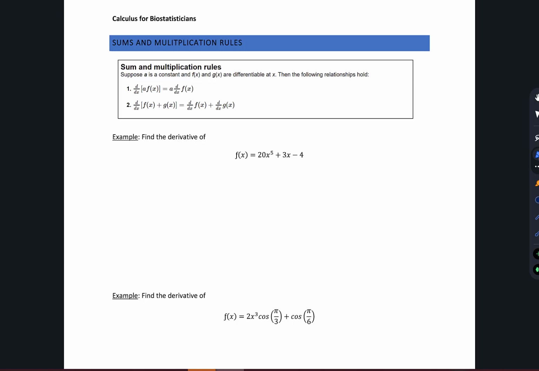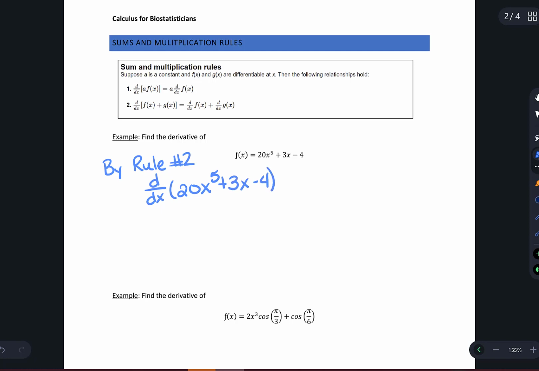First of all, notice we have the function f of x is equal to 20 times x to the fifth plus 3x minus 4. By rule 2 that we have above, if I want to take the derivative with respect to x of the function 20x to the fifth plus 3x minus 4, that is going to be equal to the sum of the derivatives.